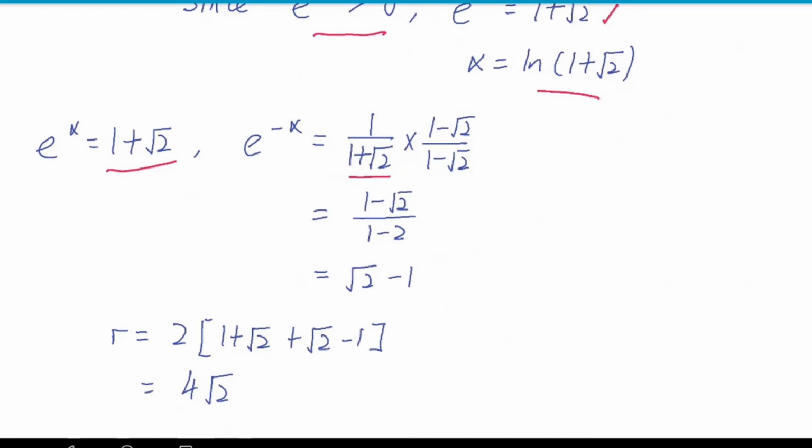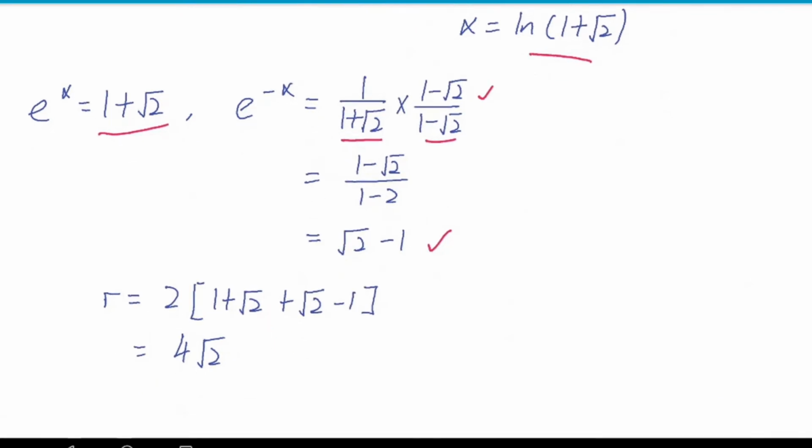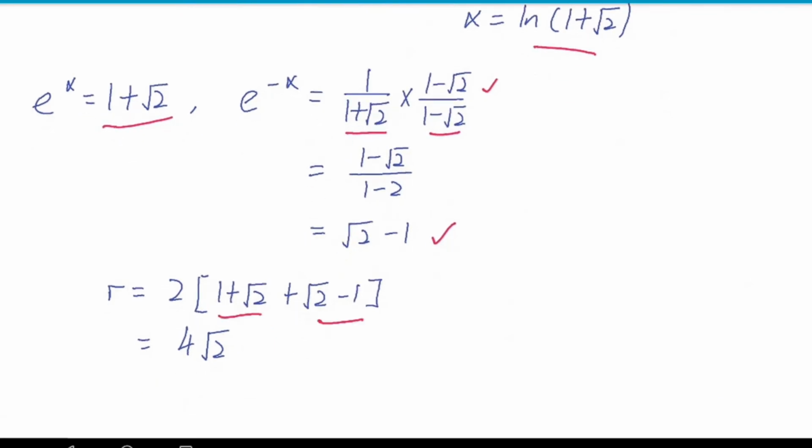Here, we can rationalize a bit. Once we rationalize, we get e power negative alpha is root 2 minus 1. So just do the rationalization here. The good thing is that when we add e power alpha and e power negative alpha together, the constant 1 will cancel off. This is why we get the R value as 4 root 2 in exact form.